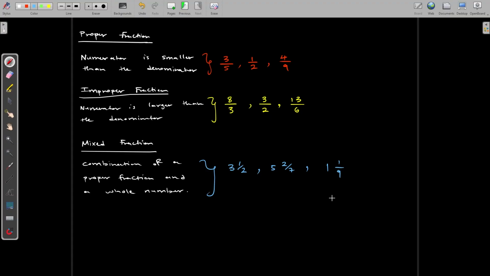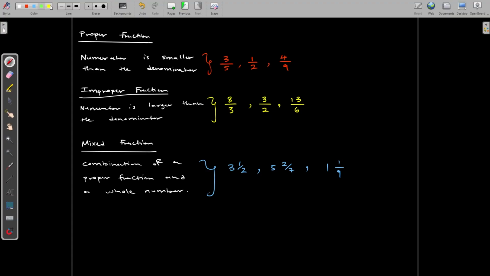So who can tell me which operation is taking place over here? So it says a mixed fraction is a combination of a proper and a whole number. So with the whole number and the proper fraction, which operation is taking place? Addition.